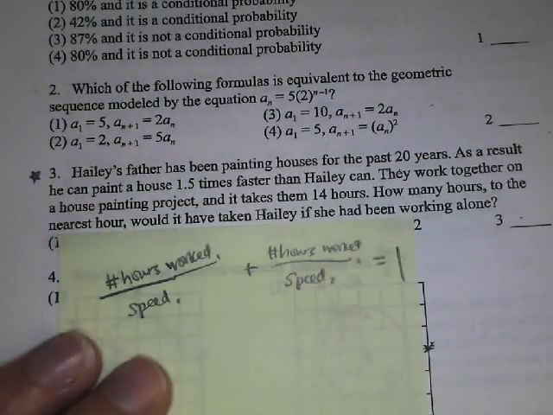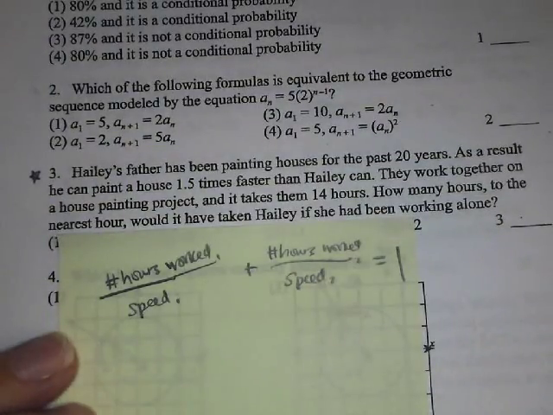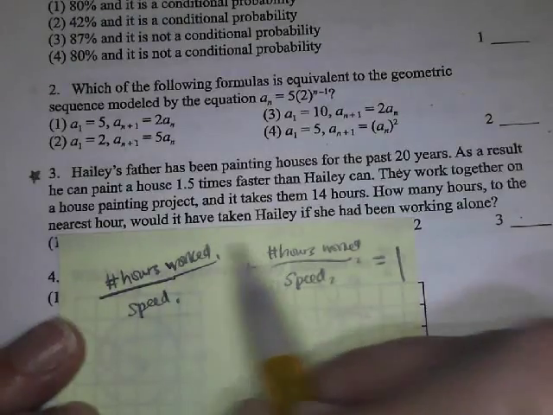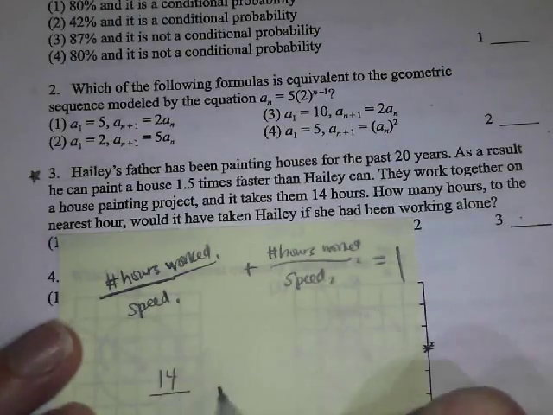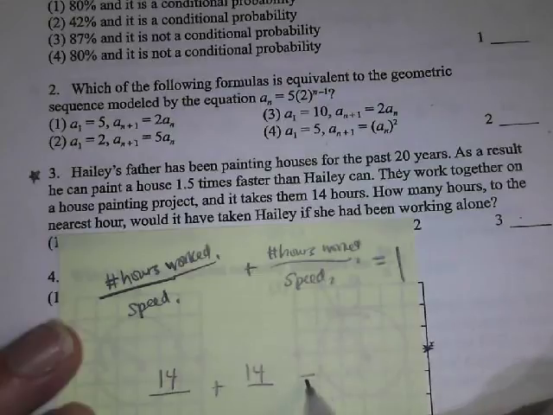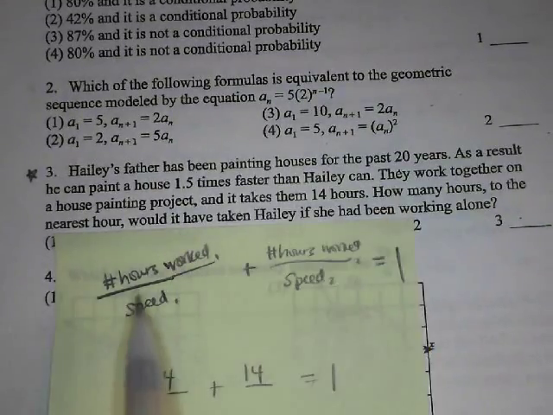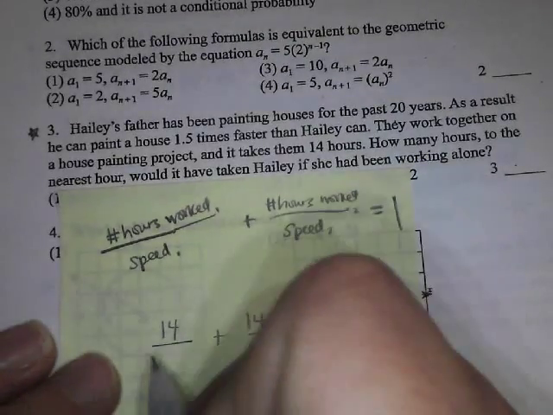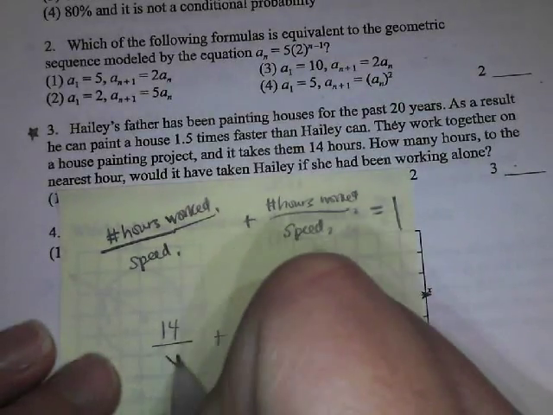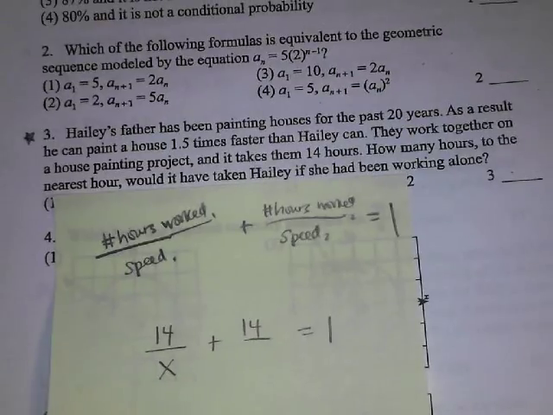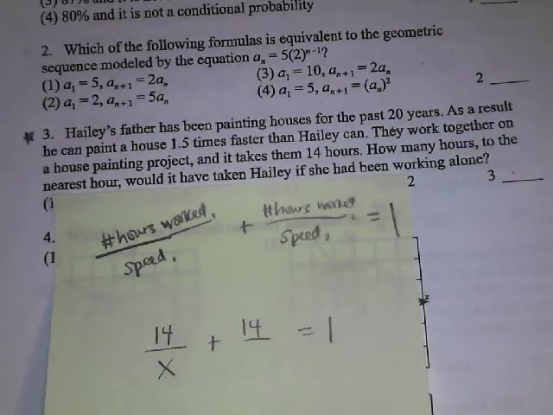Okay? So they both worked 14 hours, so it's 14 over something plus 14 over something equals 1. And the rate, we don't know. So one has a rate of X, and the other is 1.5 times faster. So, that's a tricky one. 1.5 times faster.